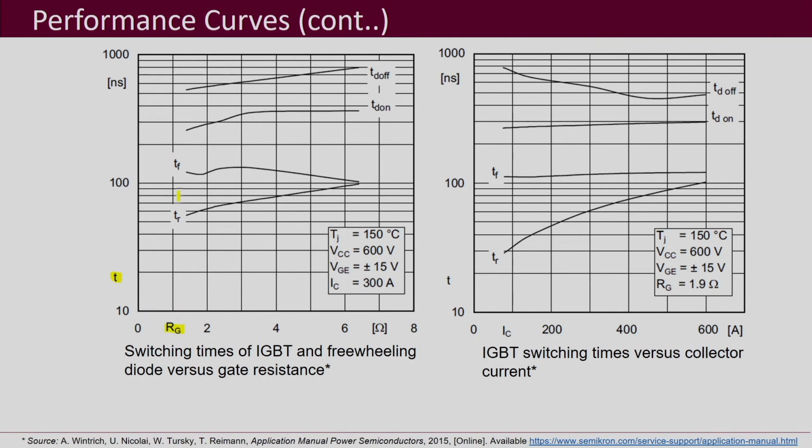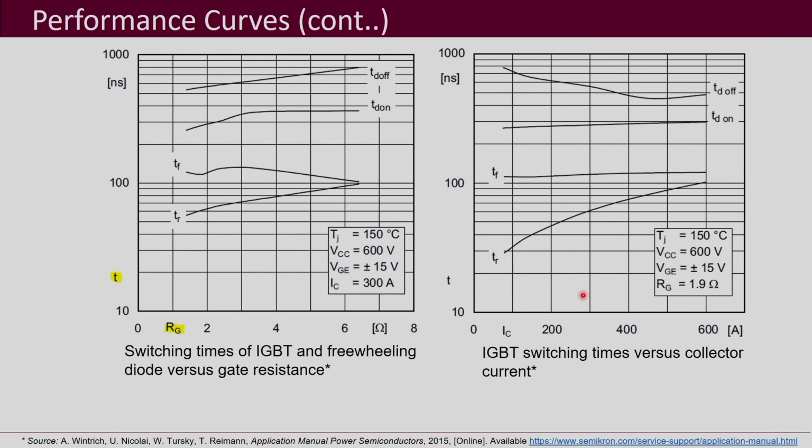This is the graph between the gate resistor RG and your turn on and turn off times. What we observe here is that the delay on time and delay off time increase slightly with the gate resistor. The rise time TR increases significantly with the increase in gate resistor. Fall time does not change much with the gate resistor.